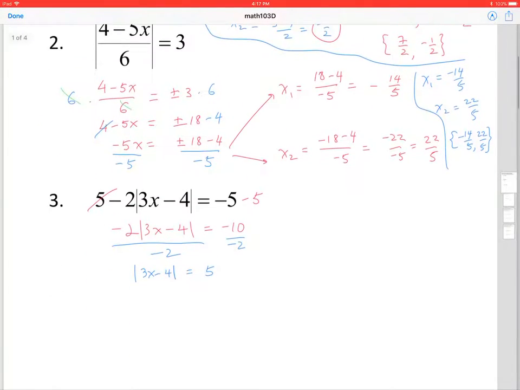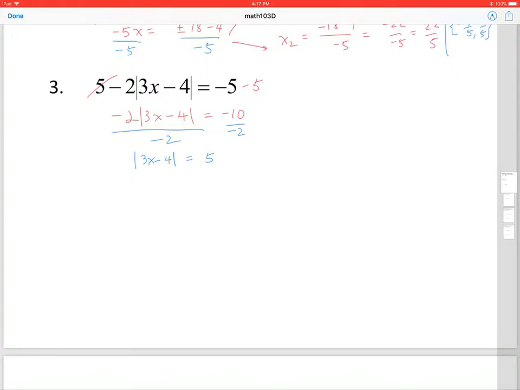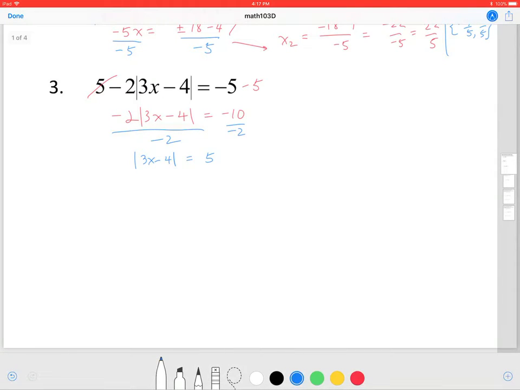So from here, we take 3x minus 4 is equal to plus or minus 5. Add 4 on both sides, and that gives us 3x is equal to plus or minus 5 plus 4. Divide by 3, and x is equal to plus or minus 5 plus 4 over 3.